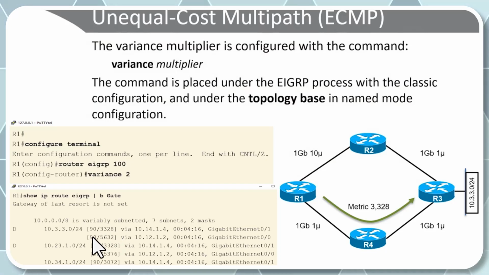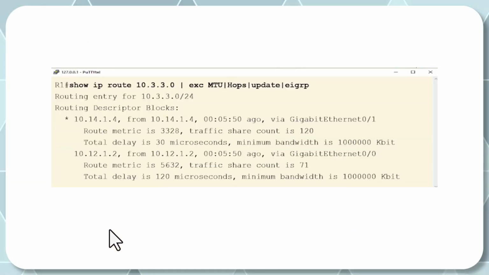903328, 905632. So ideally traffic should go from here, but let us go further. If I run the command show ip route 10.33.30, excluding MTU, hop, update, and EIGRP, as you can see we have two interfaces. The first interface is 0/0, another interface is 1/1, and see the traffic share count.